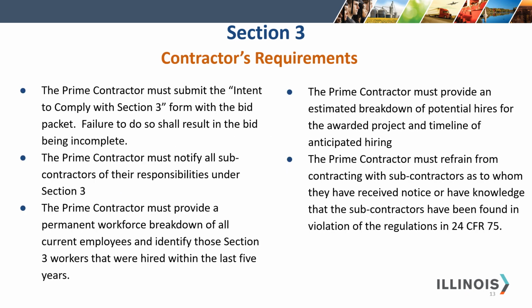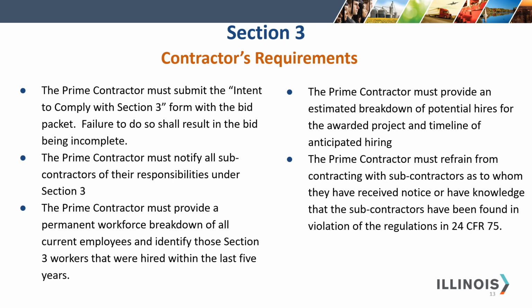The contractor's requirements under Section 3. The prime contractor must submit the intent to comply with Section 3 form with the bid packet. Failure to do so shall result in the bid being incomplete. The prime contractor must notify all subcontractors of their responsibilities under Section 3.